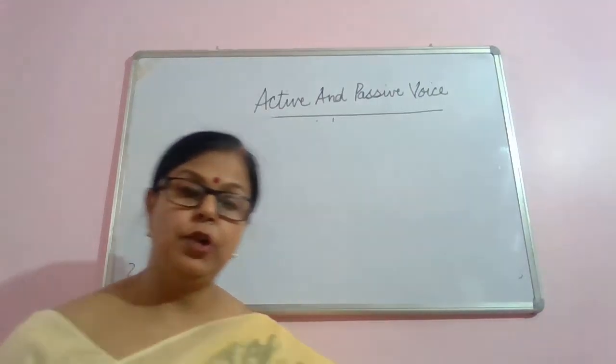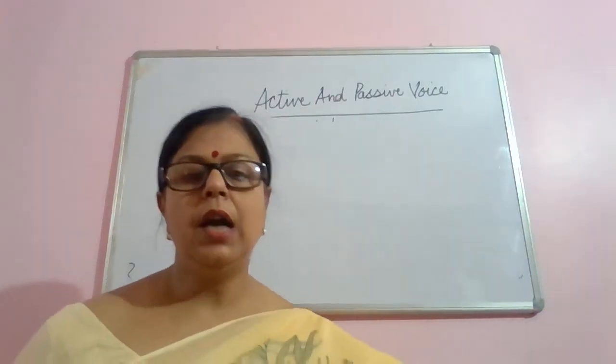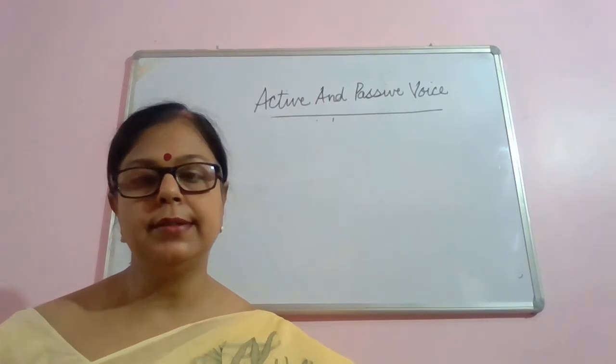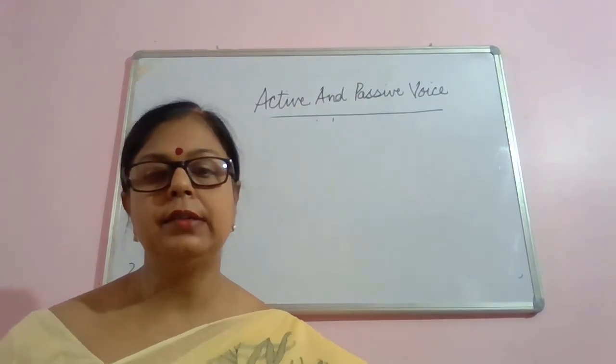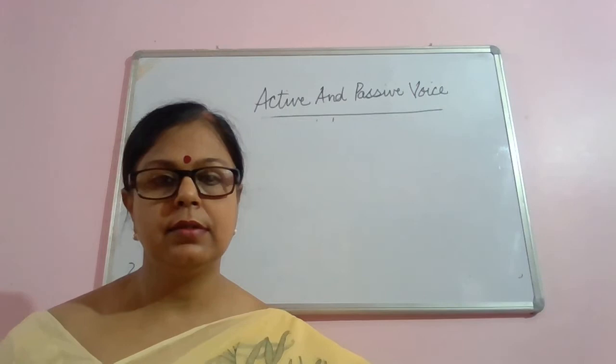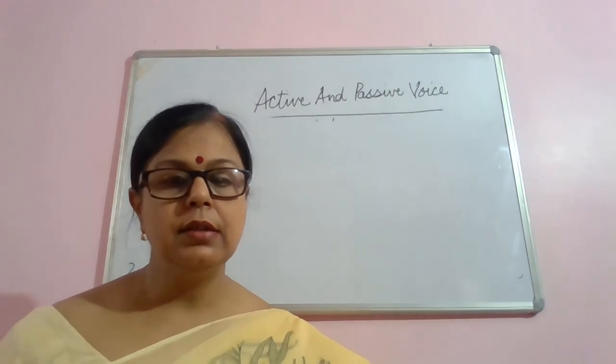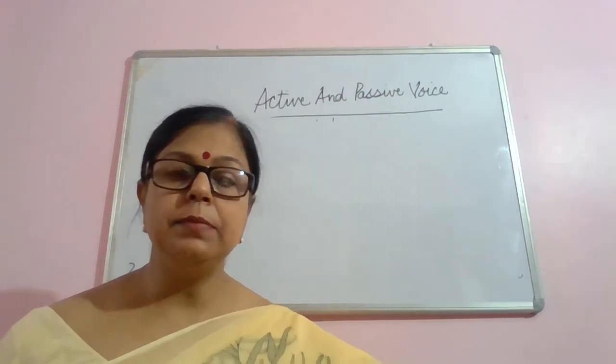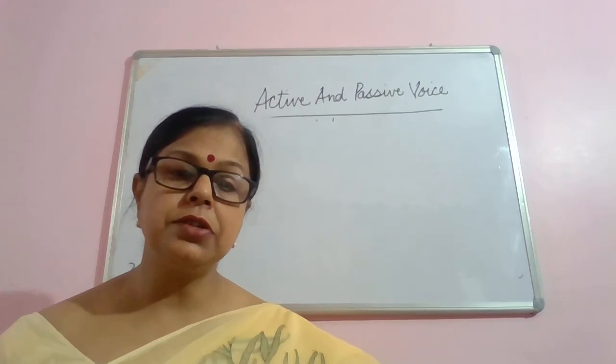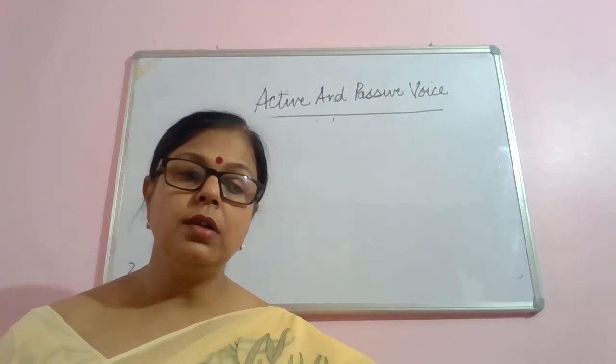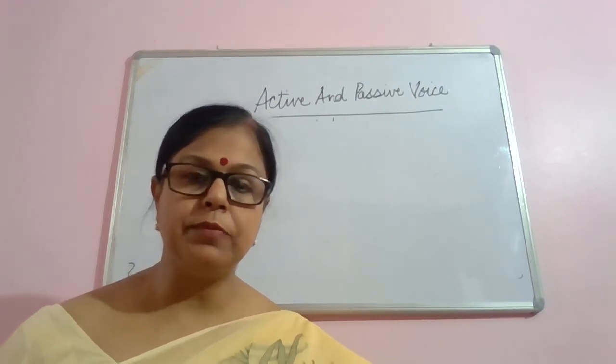Active and passive voice. A transitive verb has two voices, active voice and passive voice. That means either the subject is involved in the action or something is done to the subject.